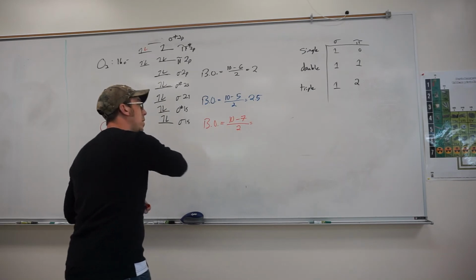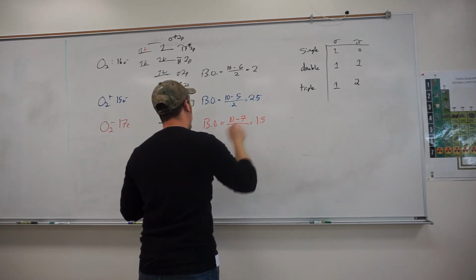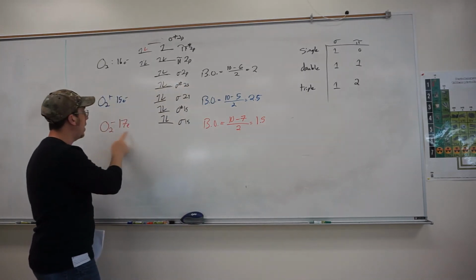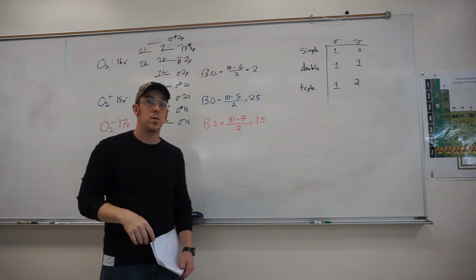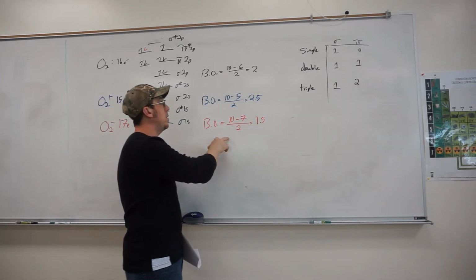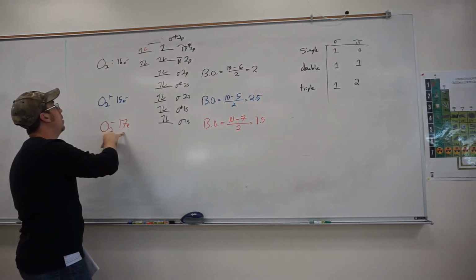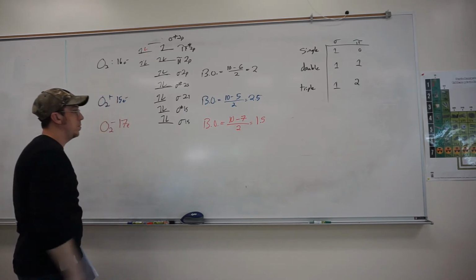So 10 minus 7 is what? 3. 3 divided by 2 gives me 1.5. So we can see by adding that extra electron in, it has caused our bond order to go down. So as our bond order decreased, that means this molecule is the least stable, this molecule is the most stable, and this molecule is just neutral.